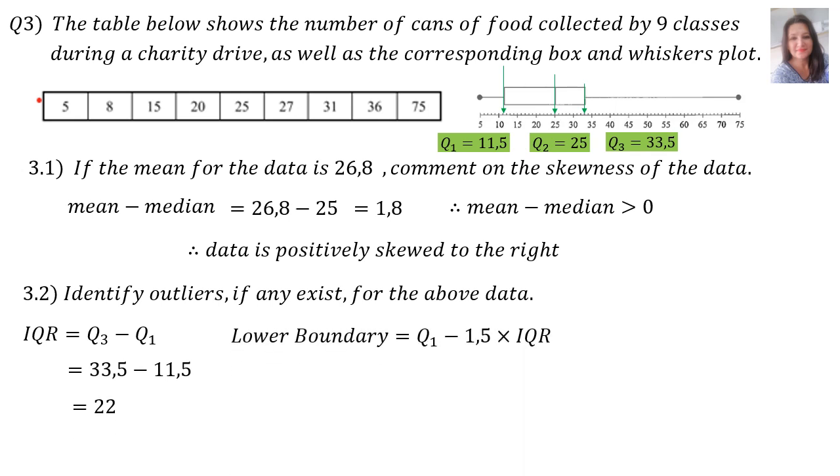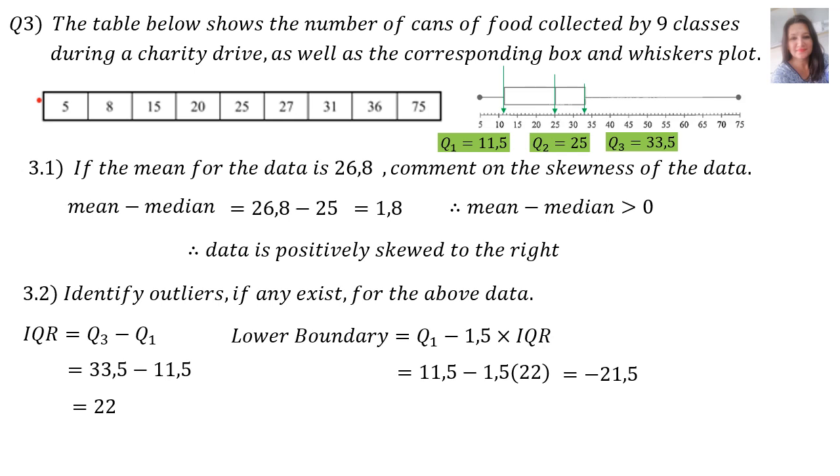Then we can work out the lower boundary by using a formula Q1 minus 1.5 times the IQR, which is 11.5 minus 1.5 times 22, and our lower boundary will be minus 21.5.